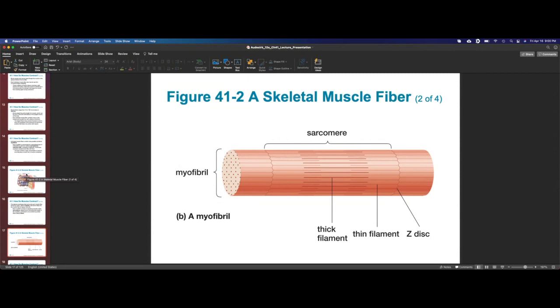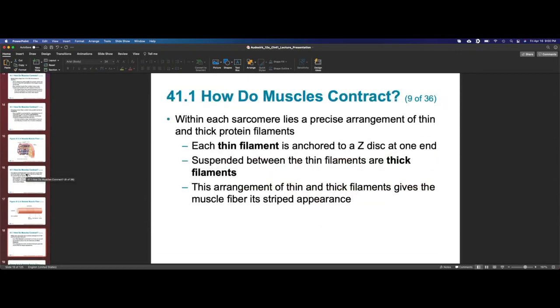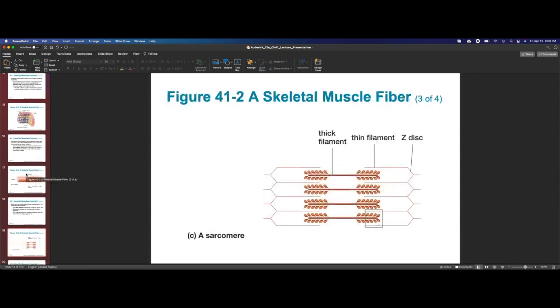So muscle fibers don't lengthen; they only relax to their normal length, or they contract to a shorter length. The arrangement of these thin and thick filaments gives muscles their characteristic striped appearance. And so you have really thick filaments that are suspended between these thin filaments.